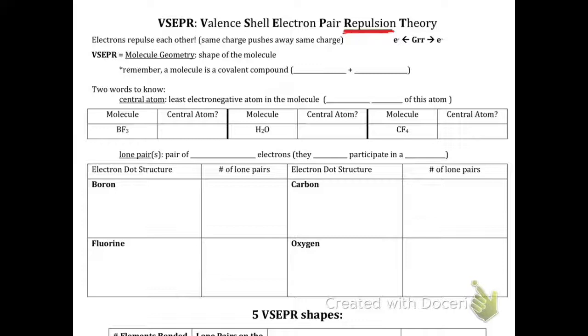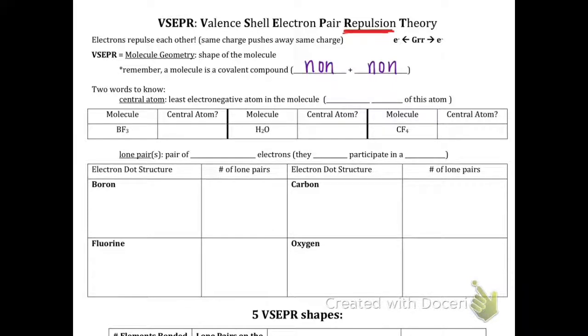Okay, so quick reminder once again, when you have a nonmetal with a nonmetal, that is a covalent compound. Covalent compounds have shape. Okay, so in order to learn what shape goes with which compounds, we have to understand some vocabulary terms. The central atom is the least electronegative atom in the molecule.